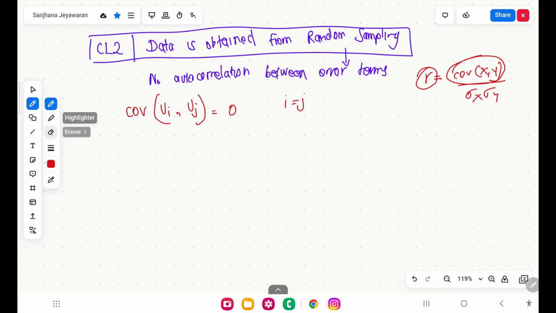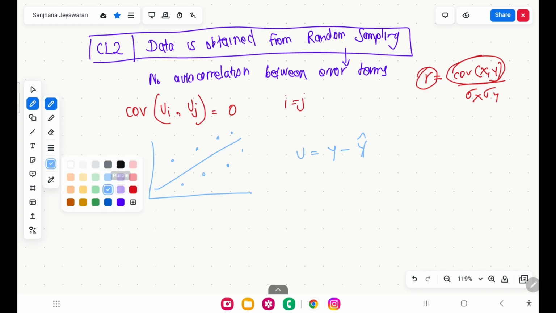In simple terms, let's take points like this, spots like this. Let's say this is one. How do we get the error term? Basically, error is equal to y, the actual value of y, which are the dots, minus the predicted value, which are the points on the line. So an error value is the difference between the actual value and the corresponding predicted value.